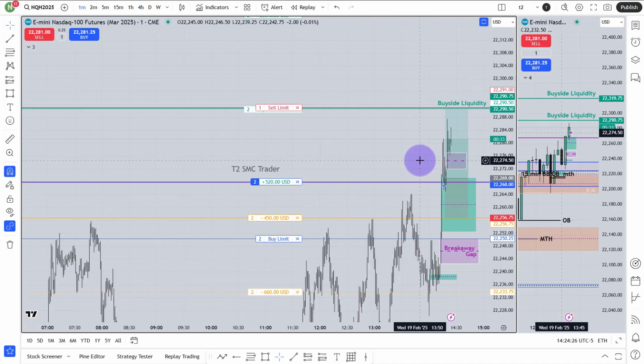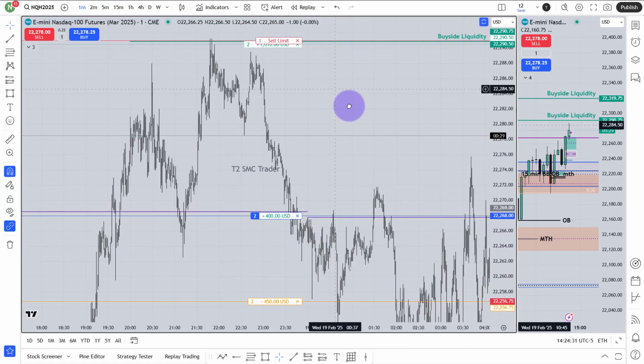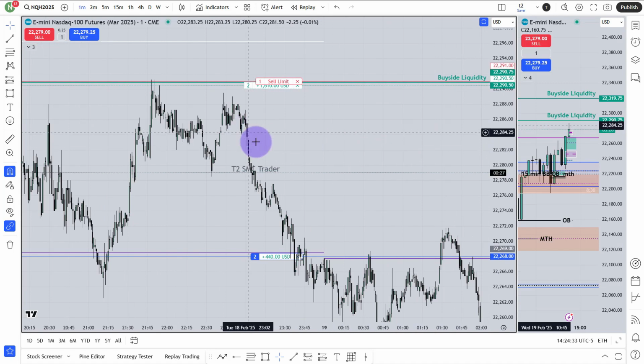Let me show you the last parabolic gap, so it will be easier for you to see the reaction. Always remember, the last parabolic gap has the power to give you some kind of reaction.